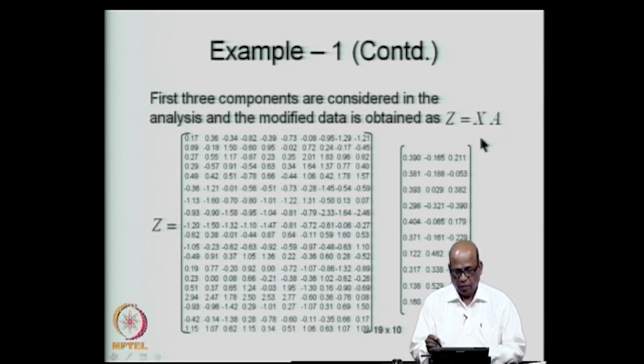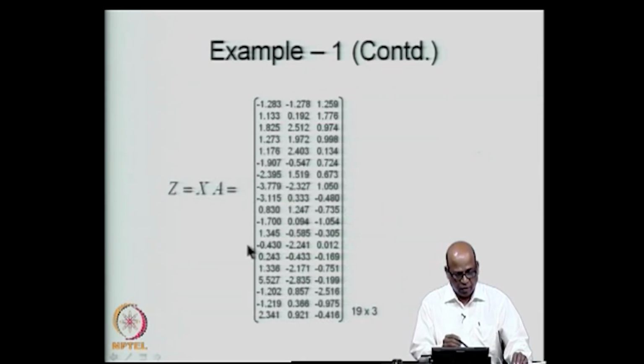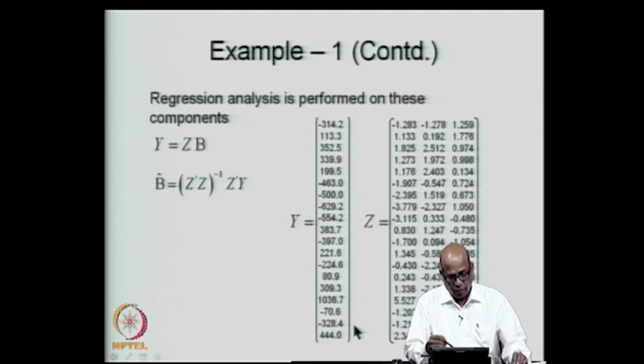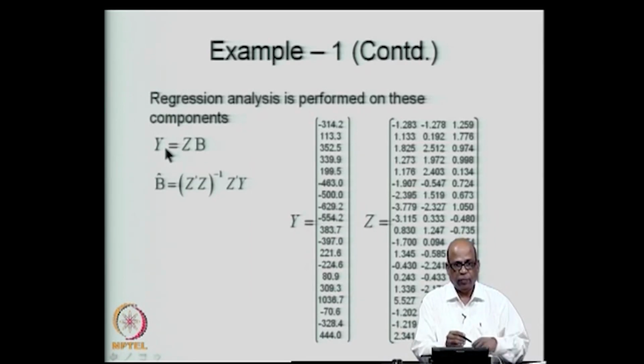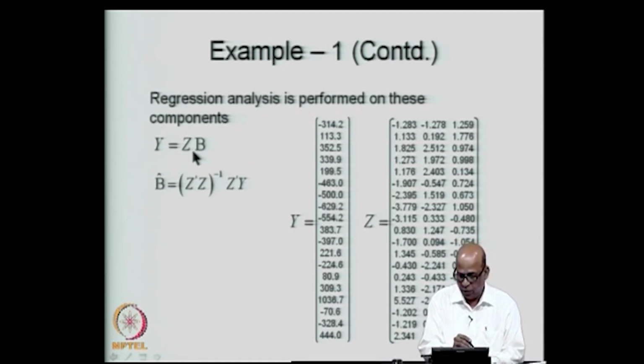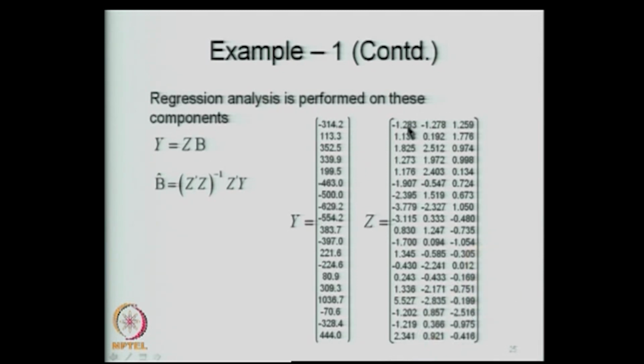I use this transformed data now and then Z is equal to X into A. So, this is a Z matrix, this will be 19 by 3 instead of the 19 by 6 that I got earlier. Then we develop the regression relationship, which is Y is equal to Z into B, and Y remains unchanged and Z is modified now, Z is 19 by 3 now.